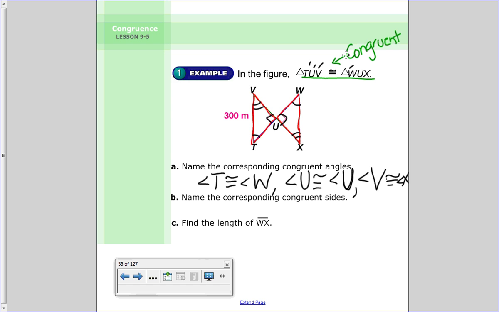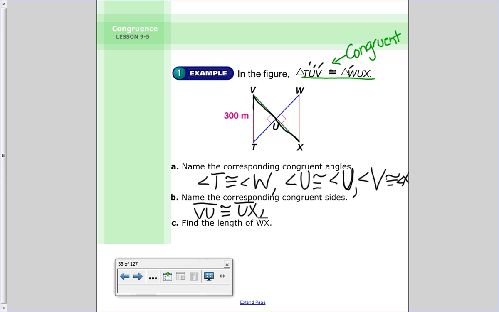Again, I just took them in the order they were listed at the top, and that helped me decide. All right, and then name the congruent sides. Here we can take a look, and they actually have them outlined in green for us, so it's kind of easy on this one. But segment VU would be congruent to side UX, or segment UX.